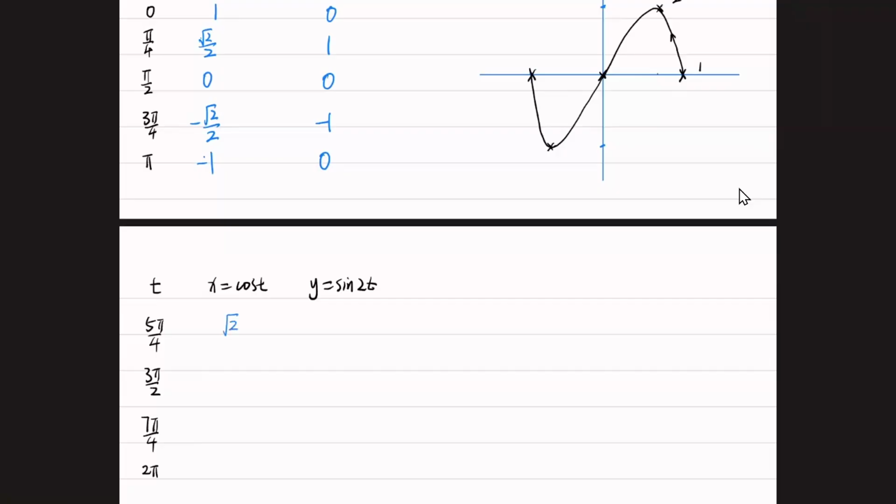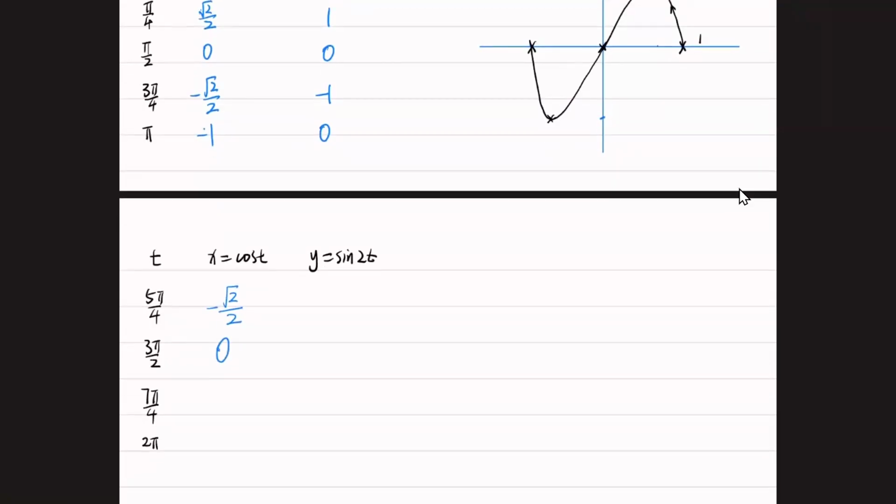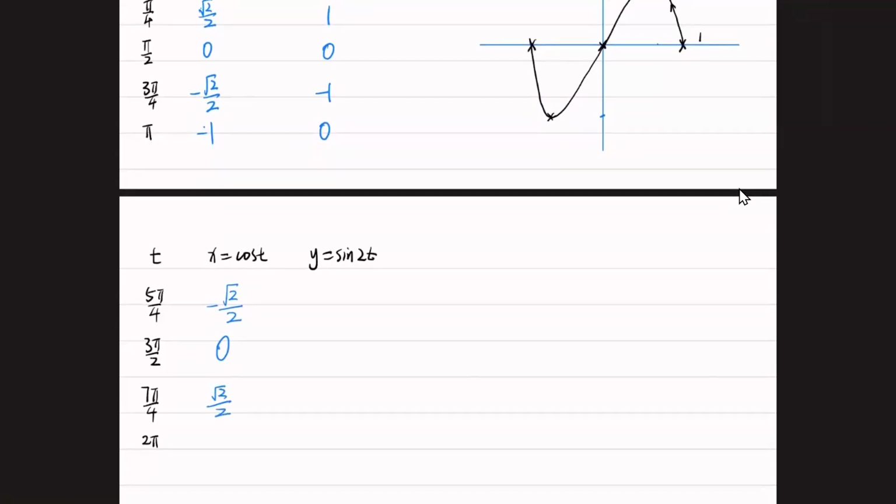Wait, no, that's negative square root 2 over 2. 3 pi over 2 is 0. 7 pi over 4 is square root 2 over 2. 2 pi: cosine is 1.